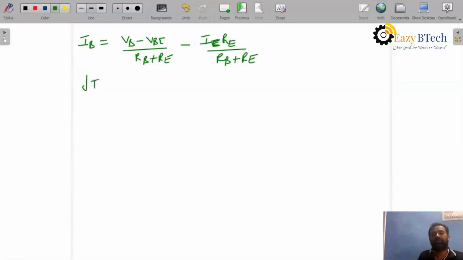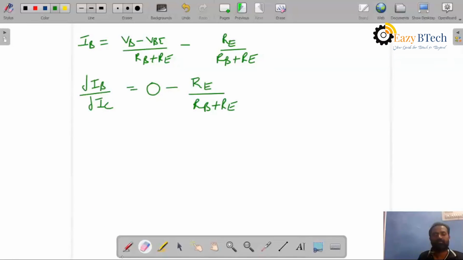Differentiating IB with respect to IC, the differentiation of the constant term is 0, minus the differentiation of IC with respect to IC gives minus RE by RB plus RE. Now you can substitute that value.